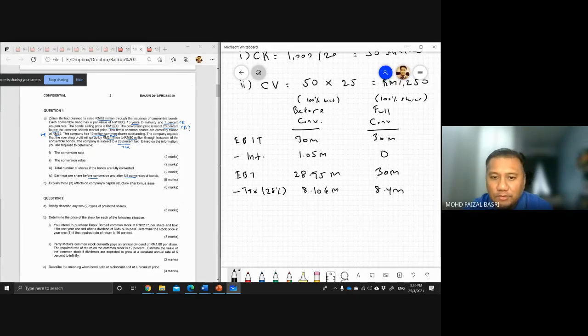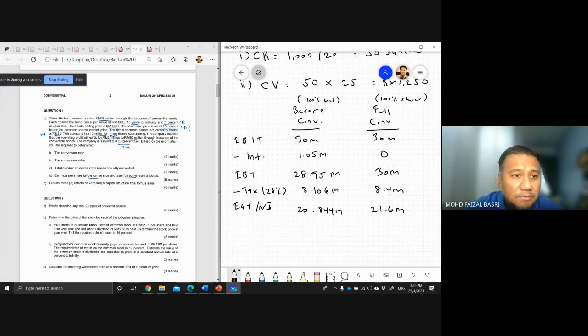Okay, so the earning after tax, or the net income, would be 28.95 minus 8.106, so it would be 20.844 million. Right, and 30 minus 8.4 is 21.6 million.